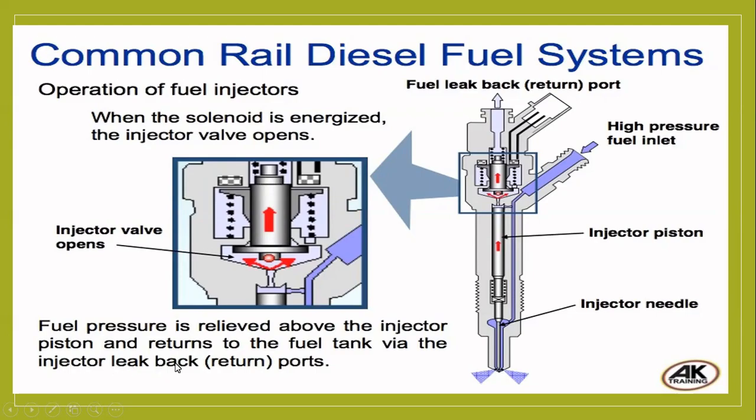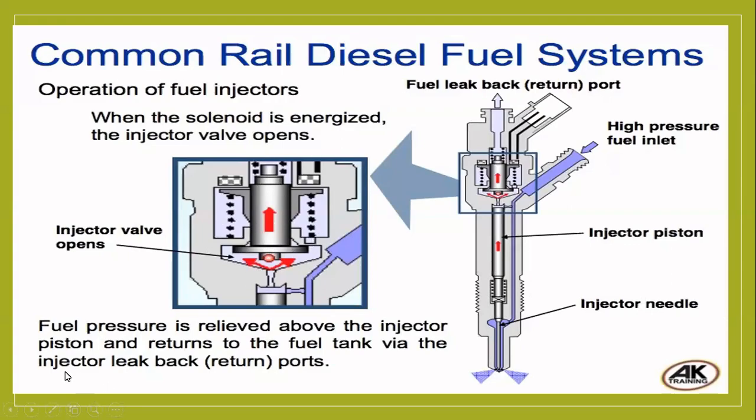Here there is one term: injector leak back. What is injector leak back? I told you diesel will come inside, but it will be sprayed only at a particular time, not all the fuel. Calibrated fuel is sprayed, and the remaining fuel will return back to the injector pump.